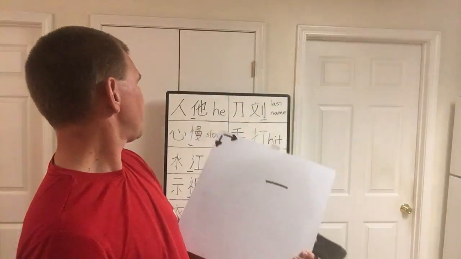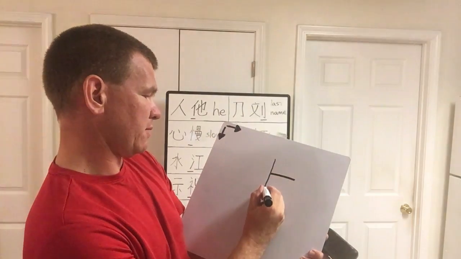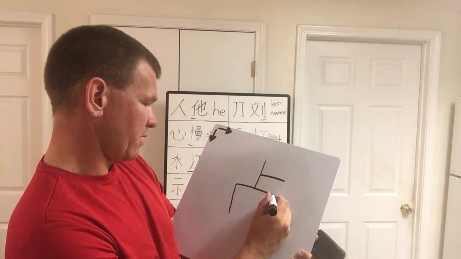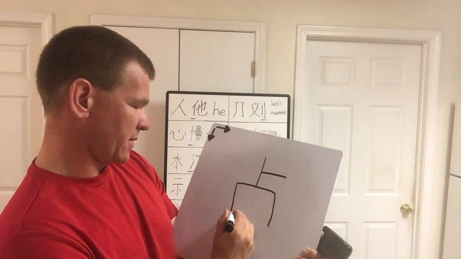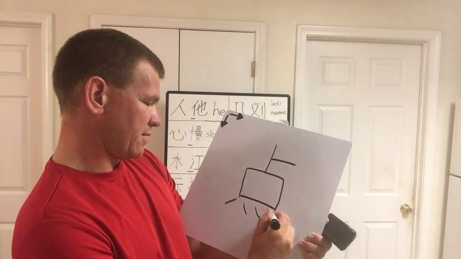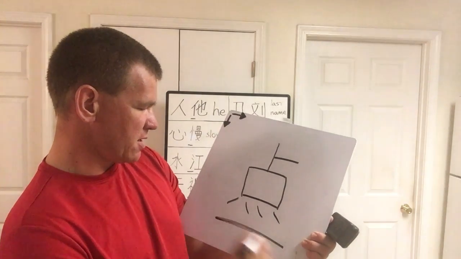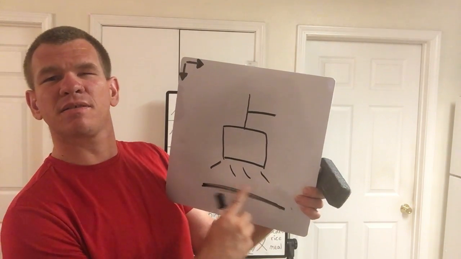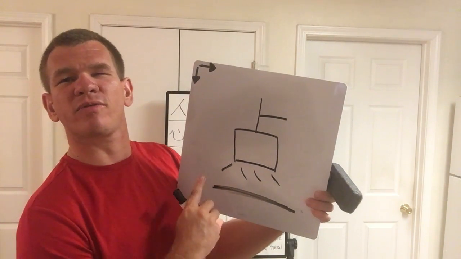All right, so first stroke, second stroke, third stroke, fourth stroke, fifth stroke, 6, 7, 8, 9. All right, this underneath at the bottom, only the bottom part, these 4 dots, that's another form of fire.